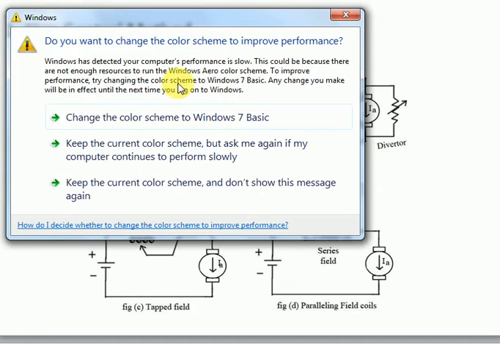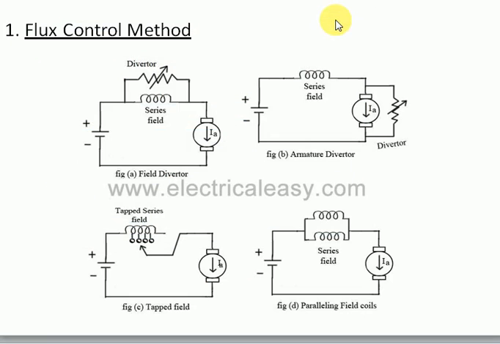Flux control method. Here we have the diagrams for controlling the flux. This is the series motor. If you want to control the flux in a series motor, we use a field diverter, which controls the value of current from here. In armature control of the series motor, we can also put a field diverter here.